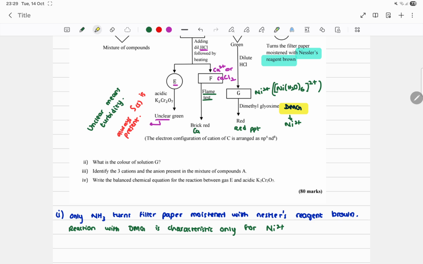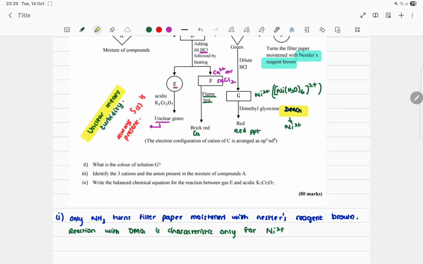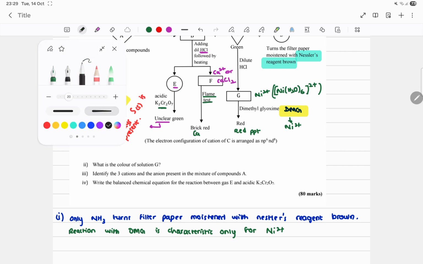Remember that one, I'll highlight it. If the term unclear is given, then you have to know that sulfur is present. So this is an oxidizing agent.